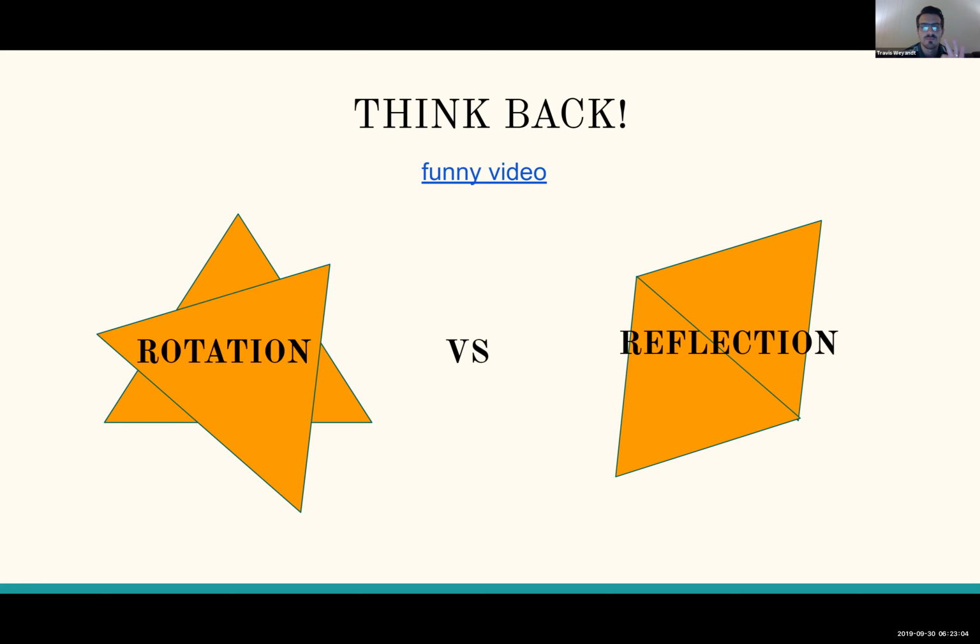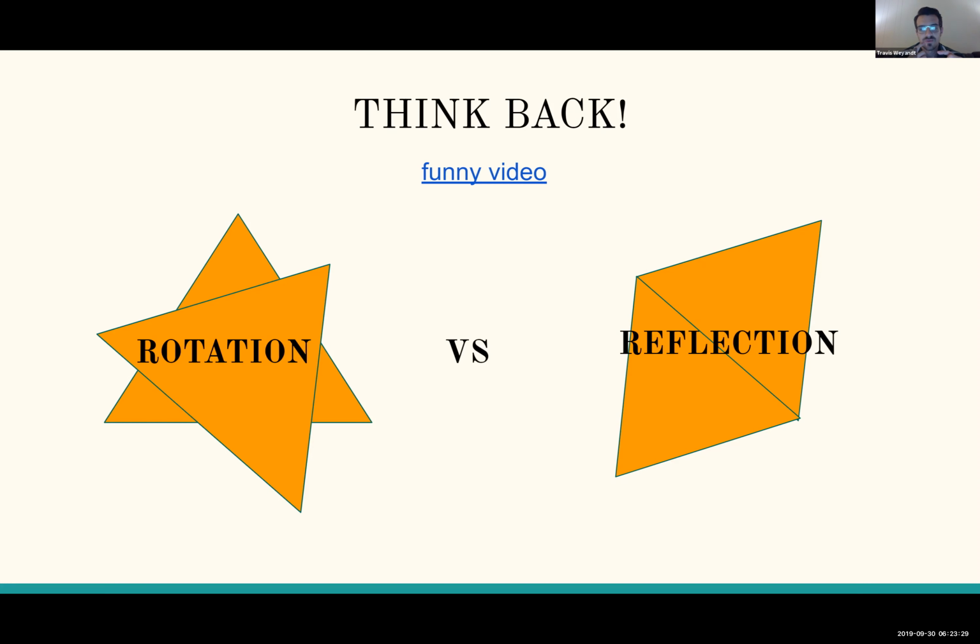There's that central point that the object is turning around the same way until it gets back to its original spot. A reflection is something that's flipping across a line, right? So again, it can be one of the axes, it can be just a random diagonal, or anything else in between, but it's simply flipping across the line.